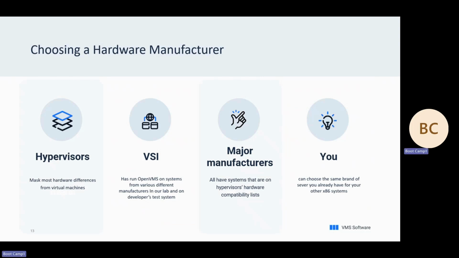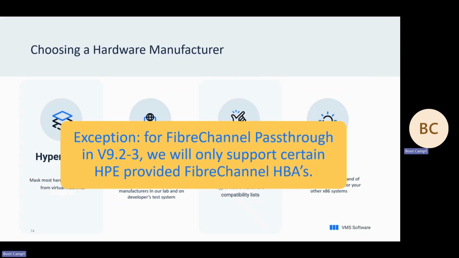However, there's a but. And the but is if you are running Fiber Channel pass-through. This is a feature that we're introducing in version 9.2-3. And because we are now using this pass-through mechanism, we are talking to real hardware.